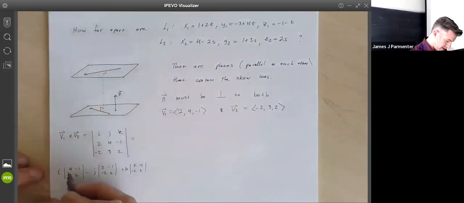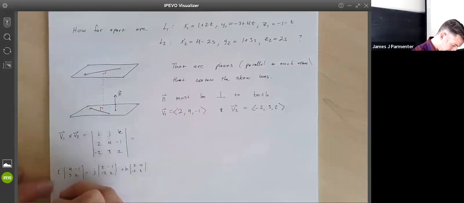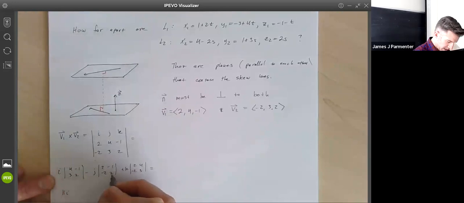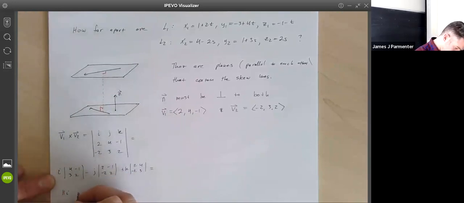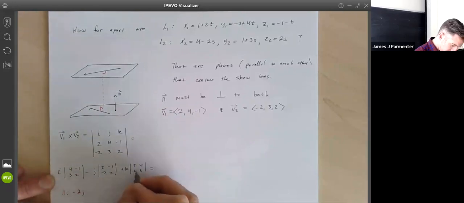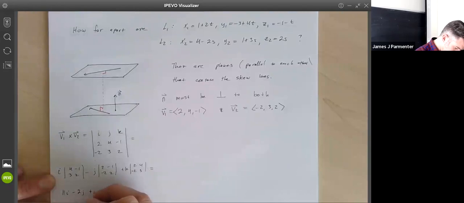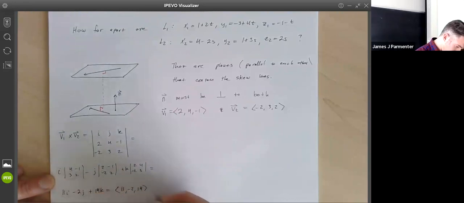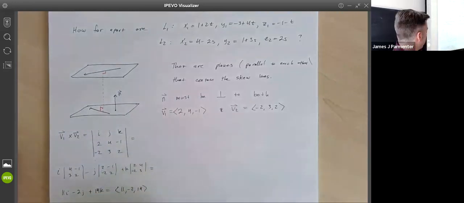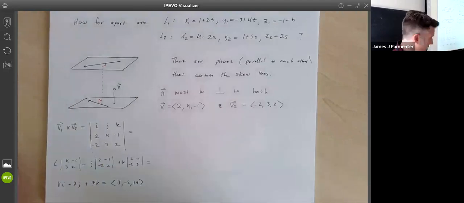So we're going to get 8 minus -3 is 11i. 4 minus 2 is 2, but it's -2. And then 6 minus -8 is +14. So there's my vector n, perpendicular to both of these.